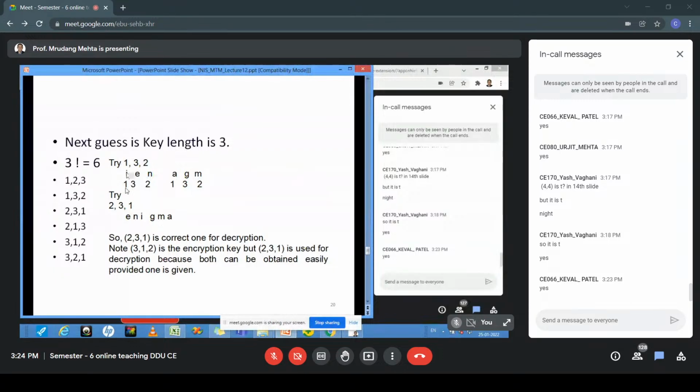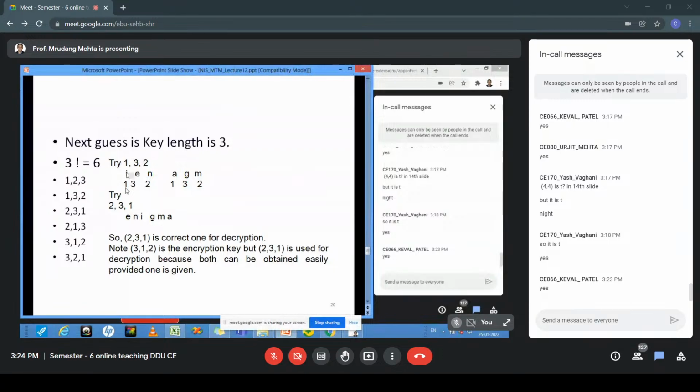So we have IEN, AGN. Then we try 2, 3, 1 as a possibility. So what we get is ENI. Here 2, 3, 1 is the key.